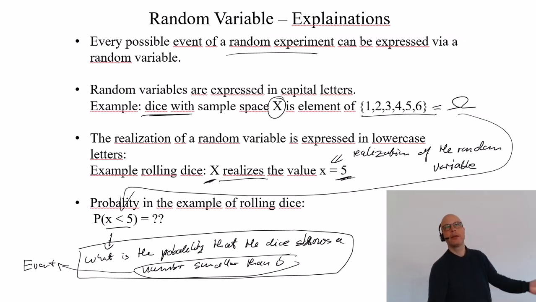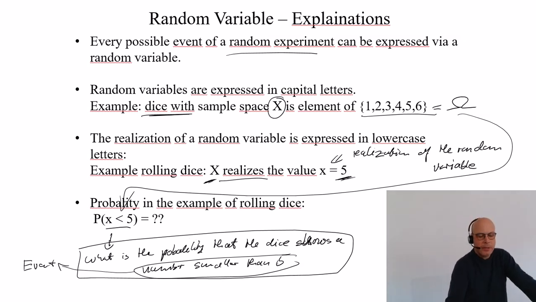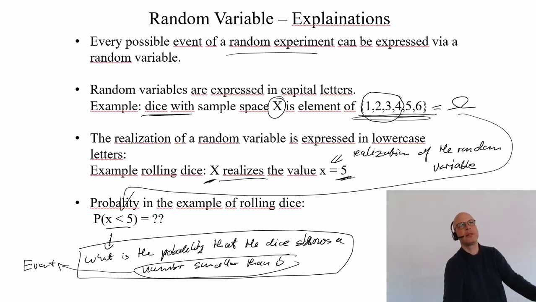2 over 3. Yes, because we know every single event has the probability of 1 over 6. And then we need the sum of the probabilities of these 4 possible single events that our dice shows a 1, 2, 3, or 4.